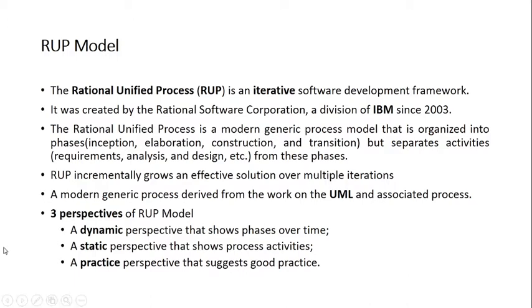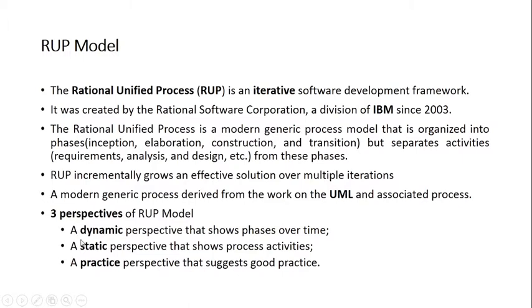Now another important factor is the 3 perspectives, which make it a very good model to be adapted. IBM is using this model even now. So what are these 3 perspectives or viewpoints of this model? First is the dynamic perspective, then the static perspective, and the practice perspective.